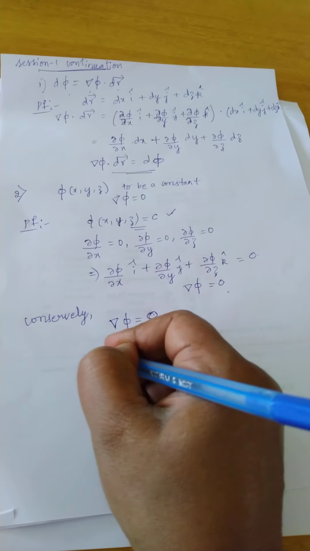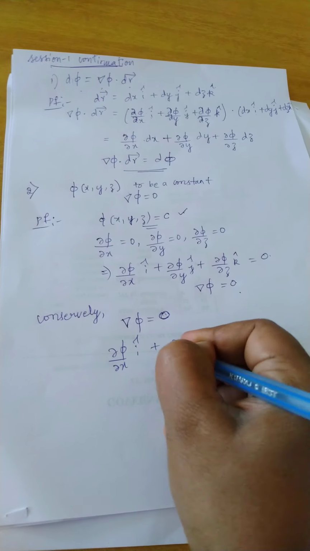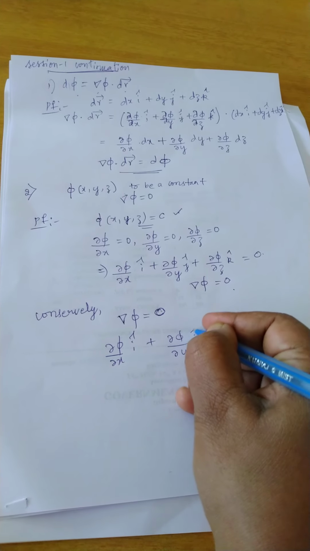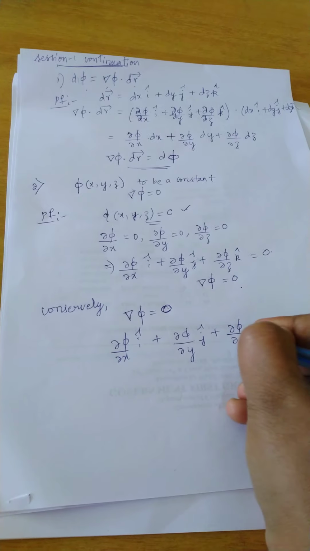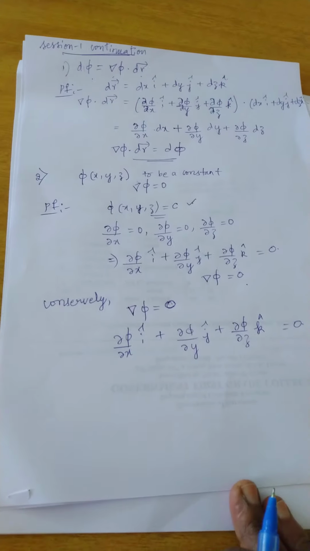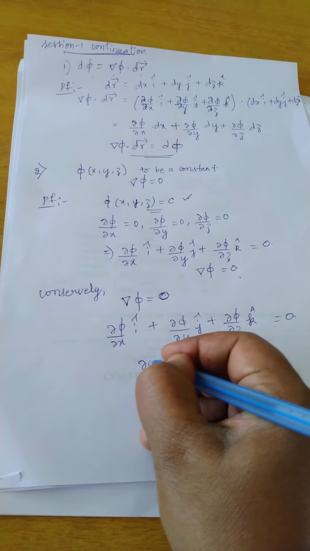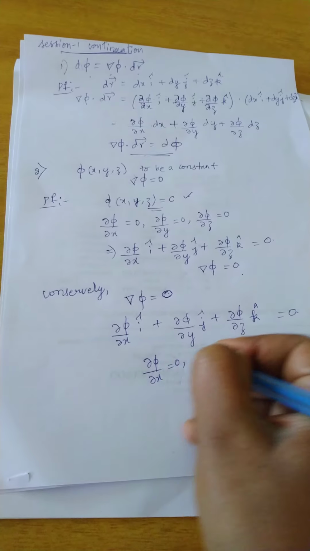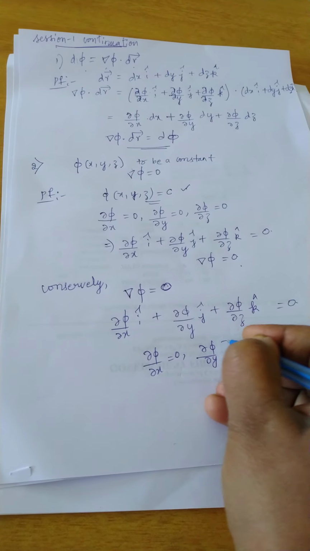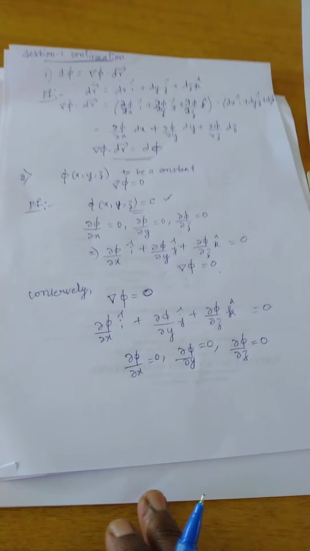So it will be dou phi by dou x i cap plus dou phi by dou y j cap plus dou phi by dou z k cap is equal to 0. If the sum is equal to 0, each term must be equal to 0. Therefore, dou phi by dou x is 0, dou phi by dou y is 0, and dou phi by dou z is also equal to 0.